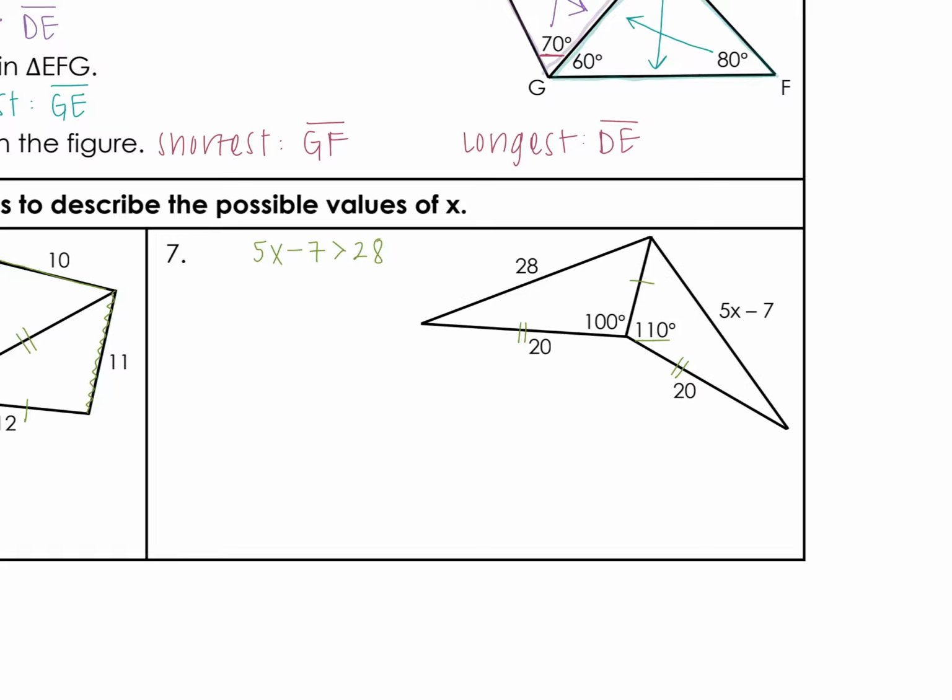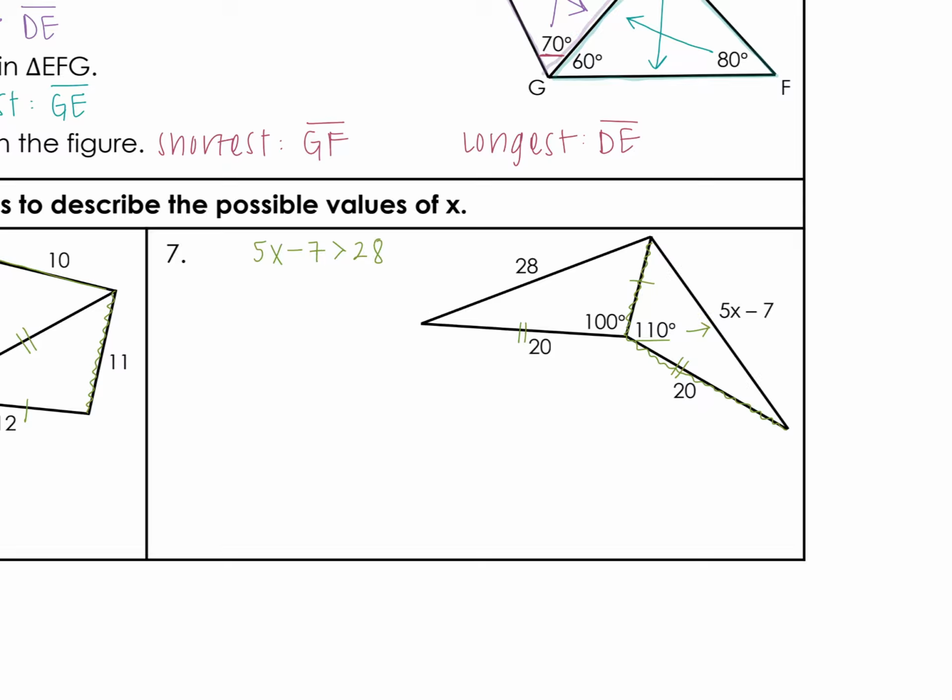Okay, but with that being said, we need to keep in mind that when you add two sides of a triangle, it should be larger than the third. And so right now we currently know that since this is my obtuse angle in my obtuse triangle, that side is the largest one, but that when we add my two sides, okay, this side here and this side over here, we want them to be greater than that 5x minus 7.